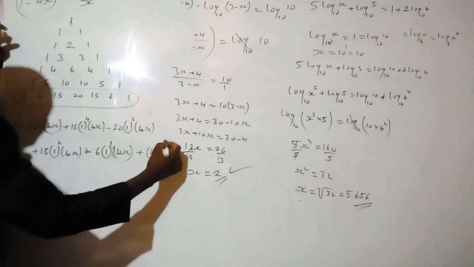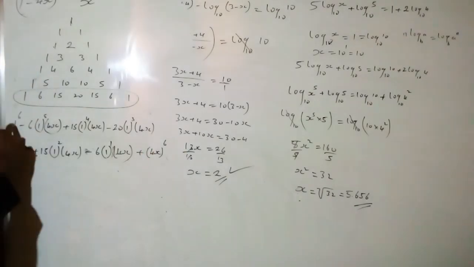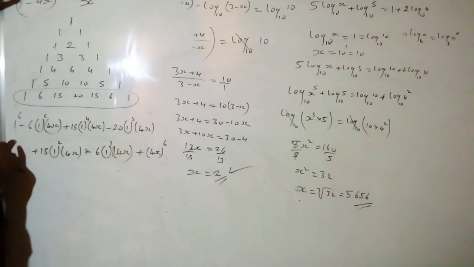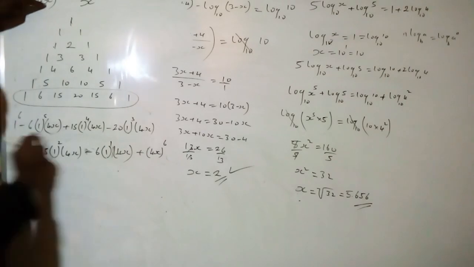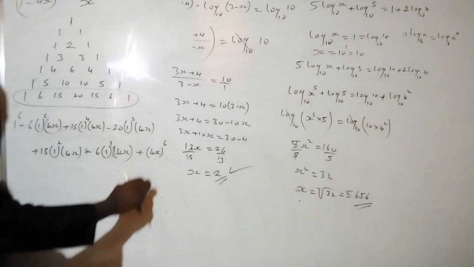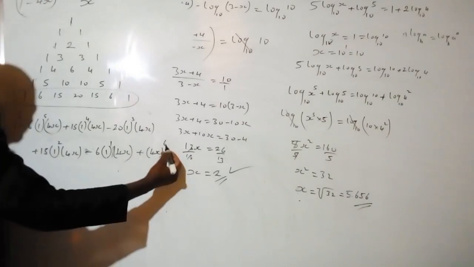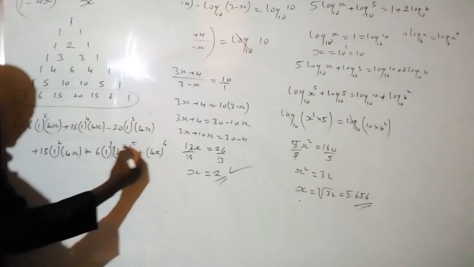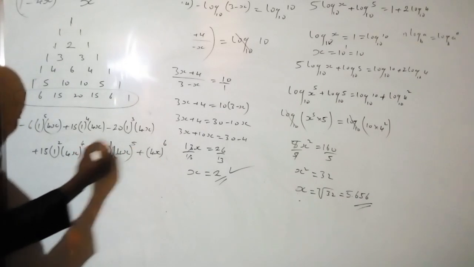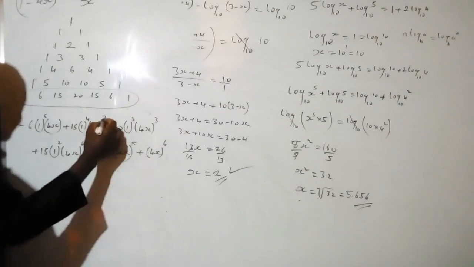Sorry for that. The first number is to the highest power 6. The last 4x is to the highest power 6. Then again we do the same in descending order, 6, 5, 4, 3, 2, and 1.